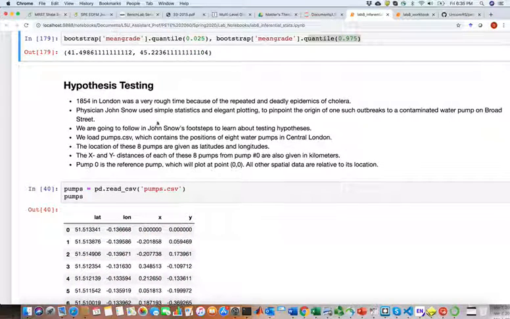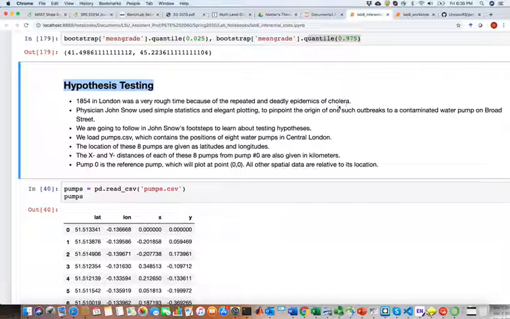Now we move on to something slightly different, but also interesting considering the current pandemics we're facing. In 1854 in central London, there was a deadly epidemic of cholera.